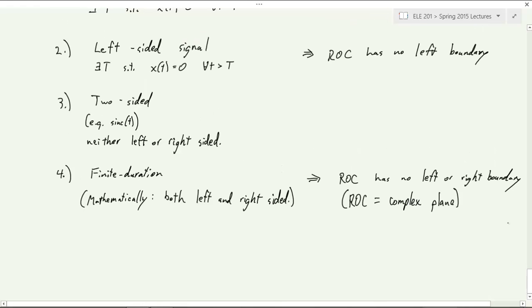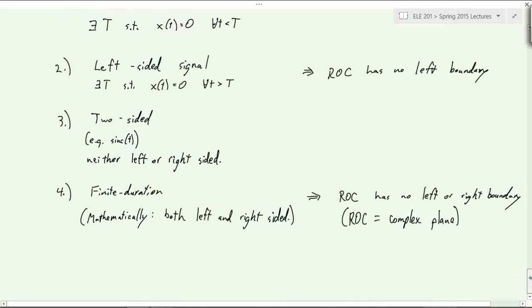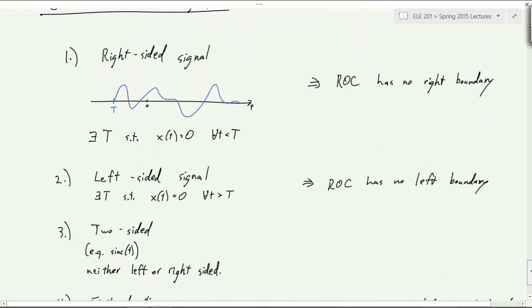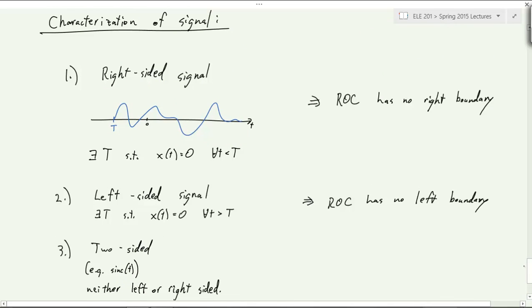I'm recording a little bit extra on this lecture again. So let's go back and talk about why these properties hold. Notice that if your signal is right-sided, we're claiming that the region of convergence has no right boundary. What does it mean to go to the right in the s-plane? It means that sigma is getting larger. Remember that we're multiplying our signal by e to the negative sigma t.